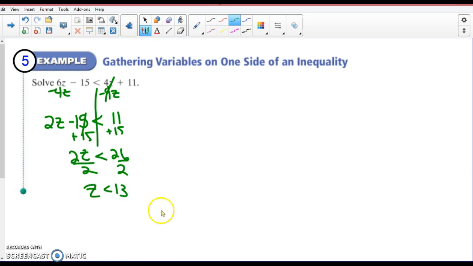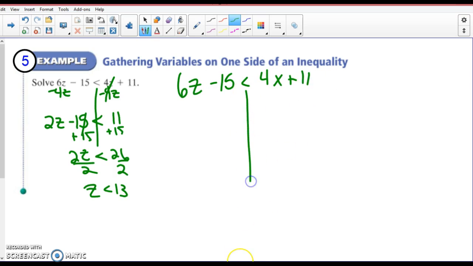Now, I am going to rewrite this problem because I want to prove something to you. My recommendation was to bring the variable over to the left because that is where you want it at the end of your inequality.